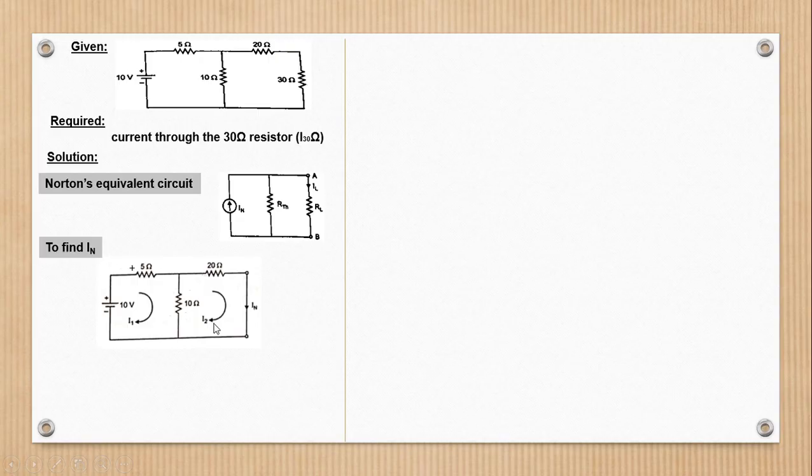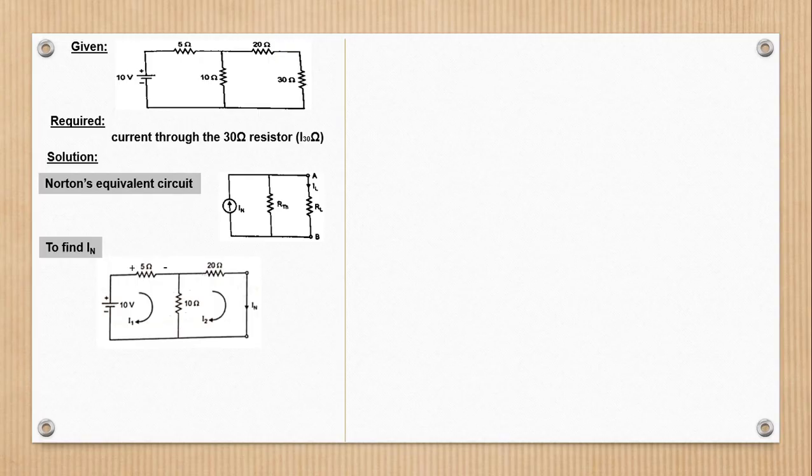We are going to apply Kirchhoff's voltage law. Before that, we have to indicate the polarities of the resistors. Let us take the 5 ohm resistor, which is connected in the first loop. Positive polarity is provided at the entering end of the resistor, whereas negative polarity is provided at the leaving end of the resistor.